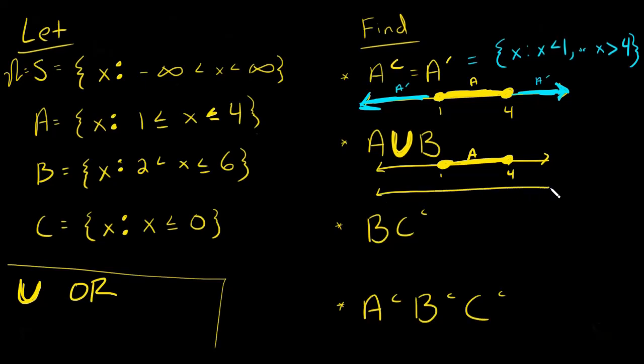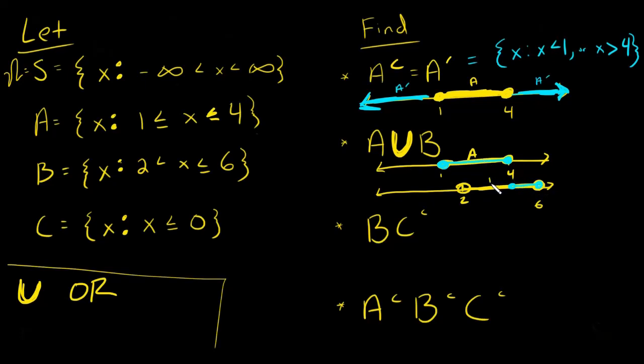Okay. And B is between 2 and 6, not including 2, but yes, including 6. Okay. So now if we want to be part of A or B, then we'd start at 1, we go all the way to 4, right? We get picked up by B, and then we go all the way to 6.